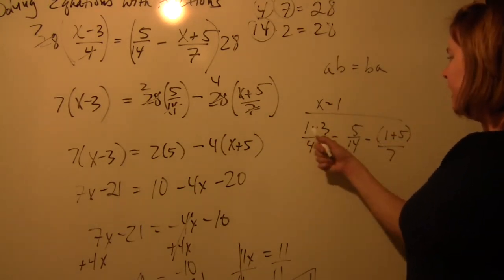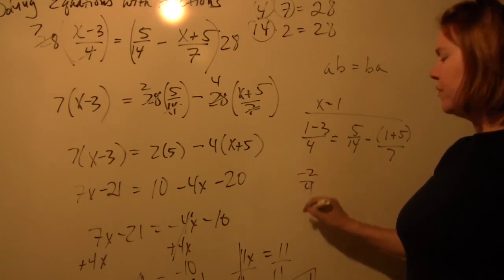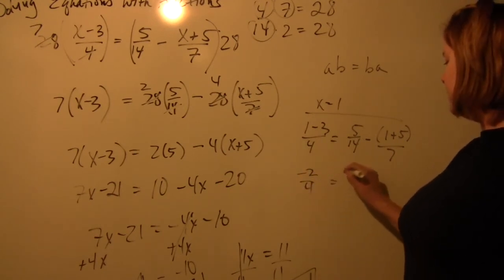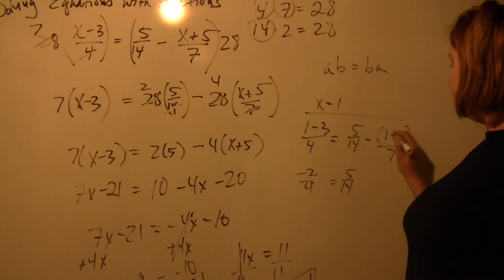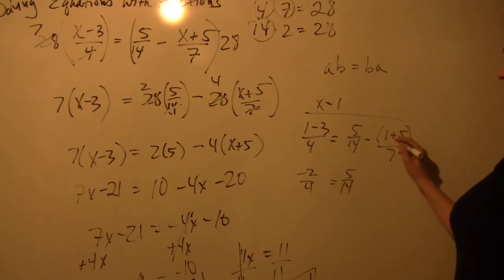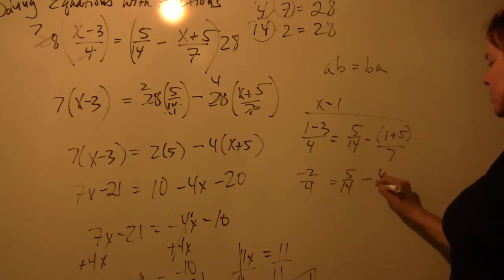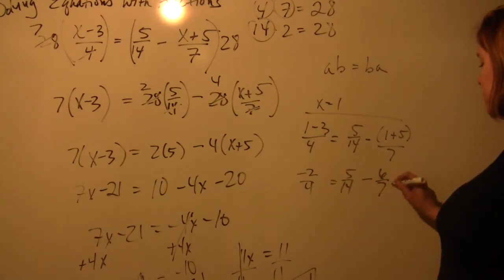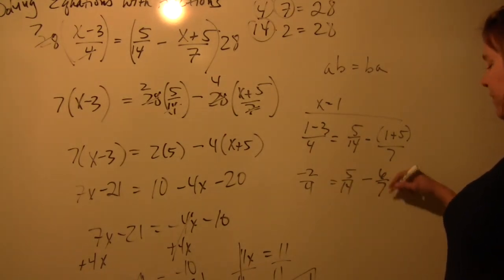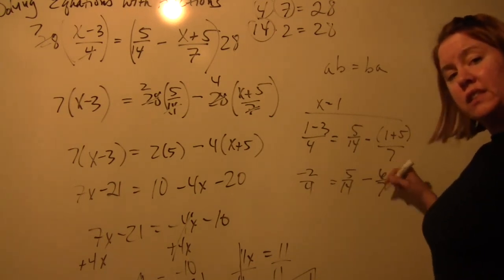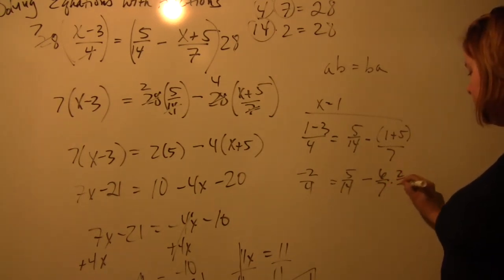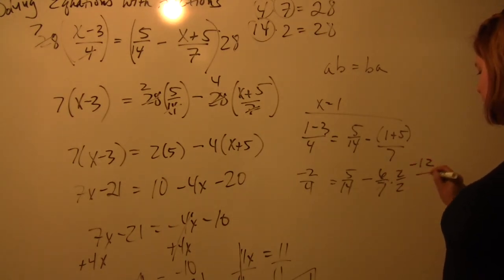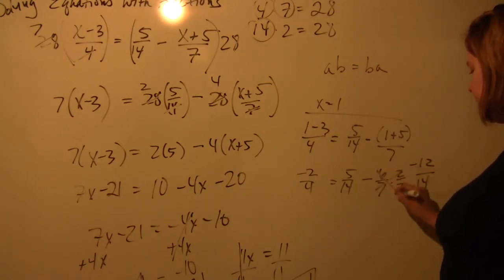So that's going to end up being a negative 2 over 4 equals 5 over 14. And this 1 plus 5 is 6, so minus 6 over 7. Now in this case, I'm actually going to find an equivalent fraction for 6/7 by multiplying by 2 over 2. So that's going to become minus 12 over 14.